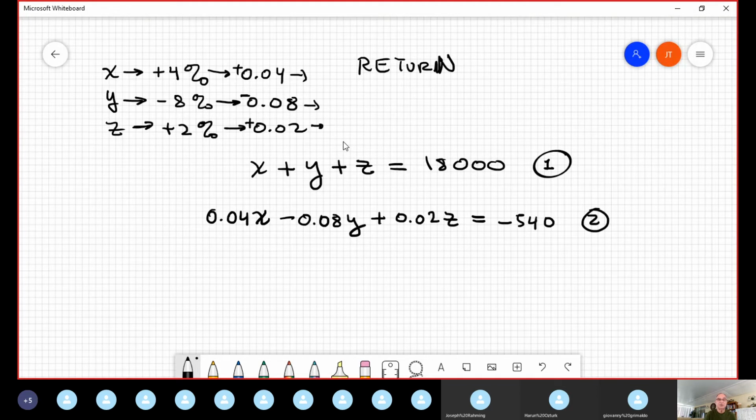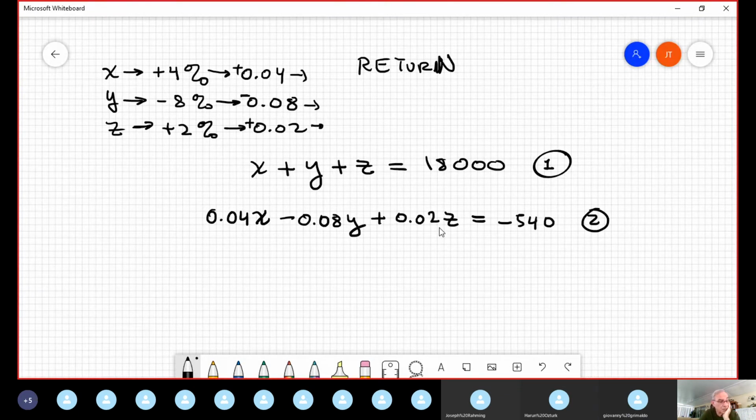Is everyone in agreement with this equation, or you don't understand this equation? Do you understand or not? Everyone understand this equation? Yes, sir.